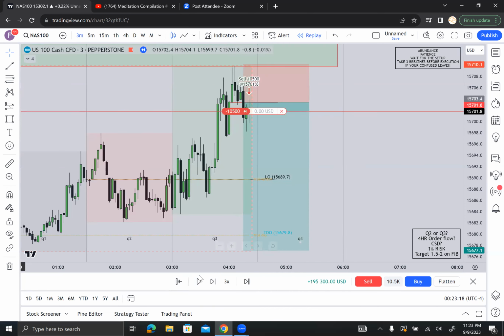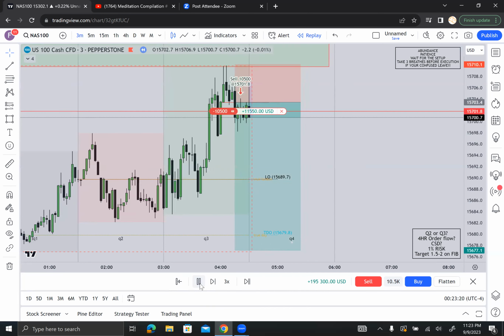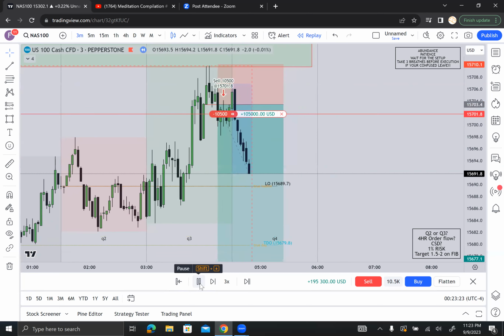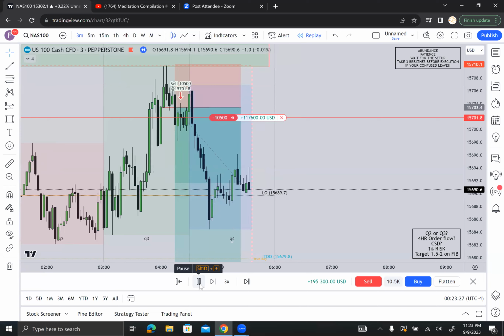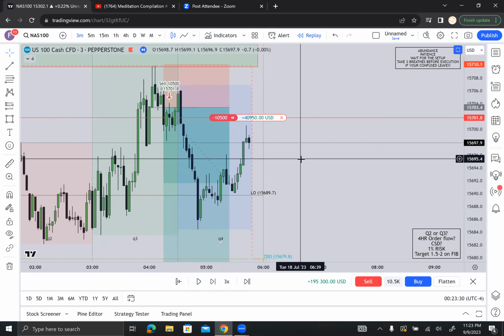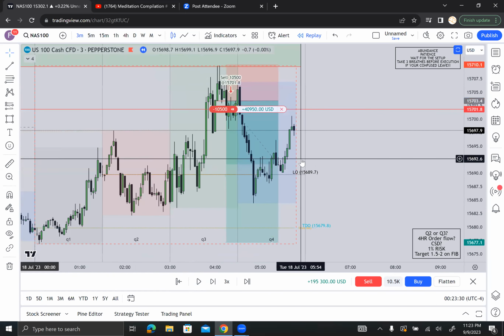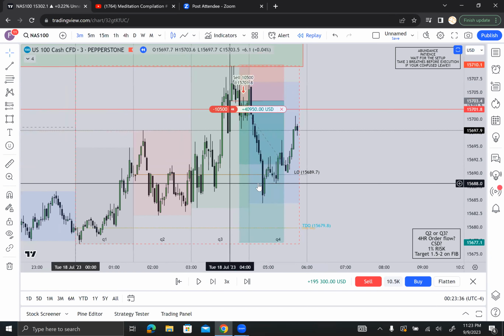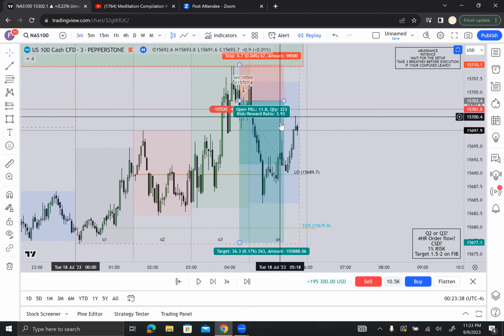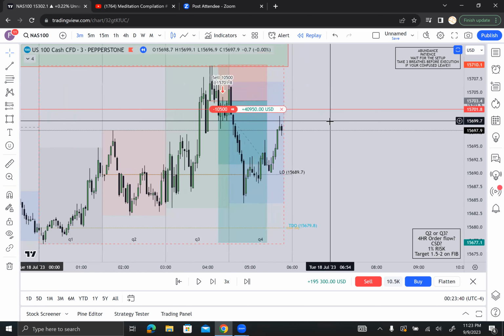Okay. Let it ride, boys. I would get out of this. That would be my exit point just because, boy, scared.